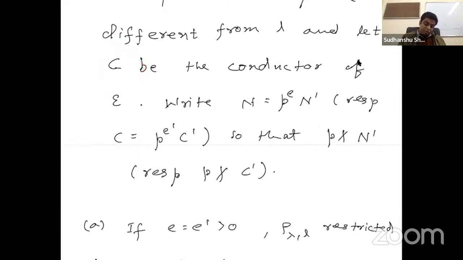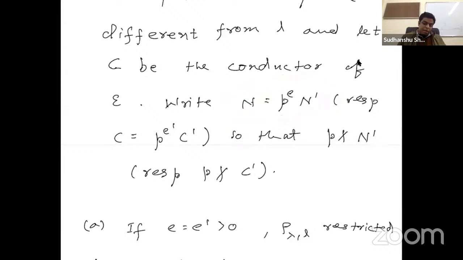Similarly, one can define the conductor of a modular form, described in terms of the level of the form. If F is a newform, then the conductor is N itself. So let's assume F is a newform. Then we can write C in the form p^E times C', where C' is coprime to p, and we write N also in this form, p^E' times N', where N' is coprime to p.